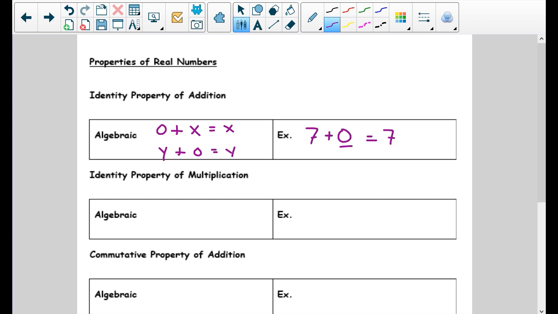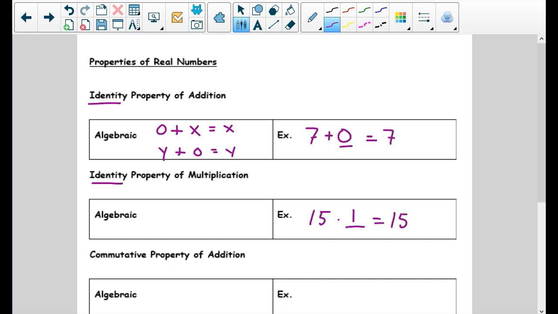So again, it's these words here that you need to look at to help you figure out what you're getting. And you can kind of figure it out if you know what you're looking for based on these words. Identity property of multiplication then. So again, same thing. If I have a number, 15, well 15 times what gives me that identity? 15. In this case it's 1.